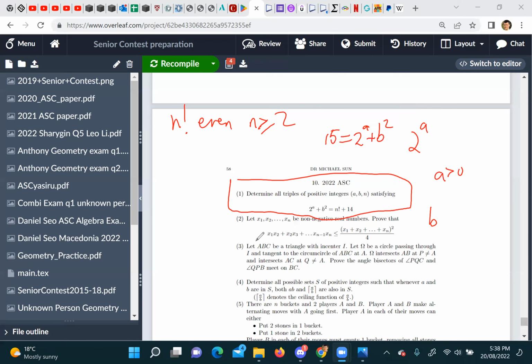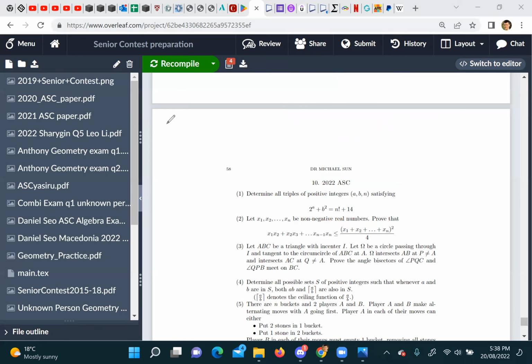We can be a bit more direct: the squares are 1, 4, 9, but only really 1 and 9. So 14 is not a power of 2, and 6 is not a power of 2, and there are no other squares. So we have that there are no solutions with n equals 1, yeah?